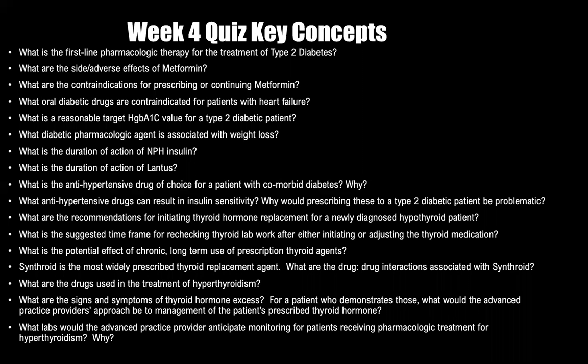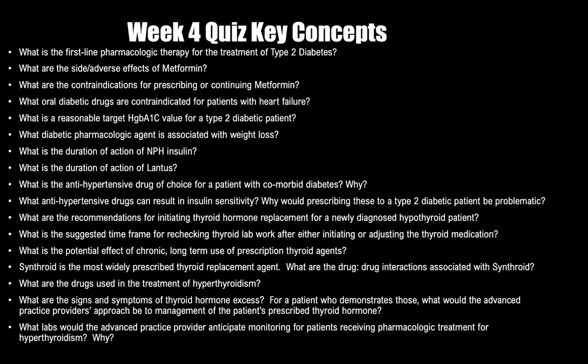So now week 4, here are your key concepts. There's quite a few of them, but there's quite a few with endocrine as well. We've got a lot of the thyroid stuff. We've got a lot of diabetes, hormone stuff. It's hormonal. There's just a lot this week.